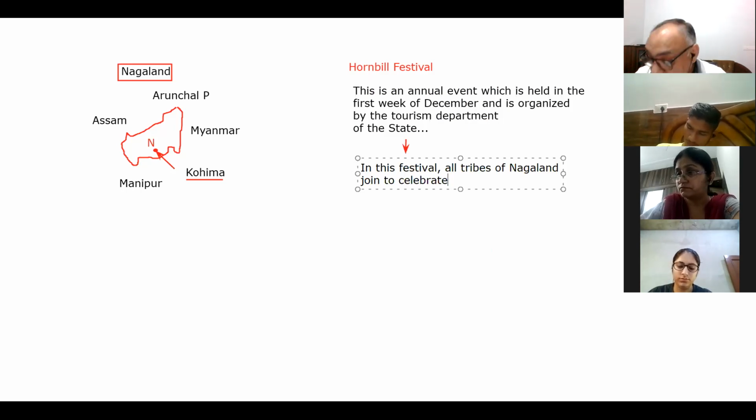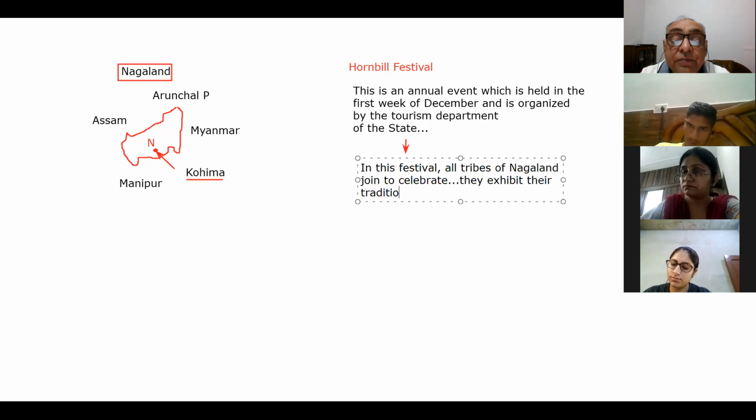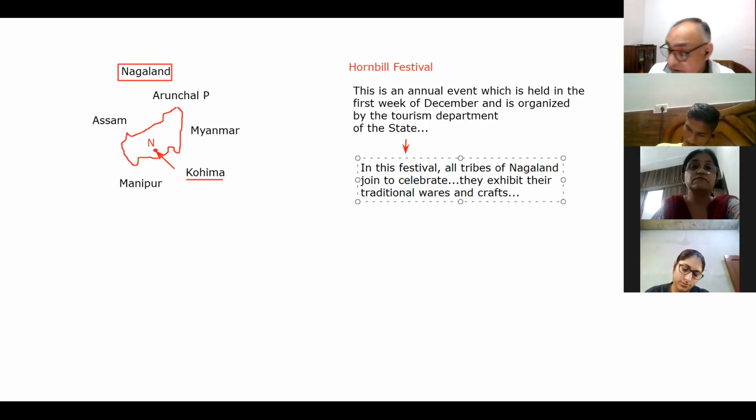They exhibit their traditional wares and crafts, etc. So this is a sort of promotion of their traditional wares and crafts.